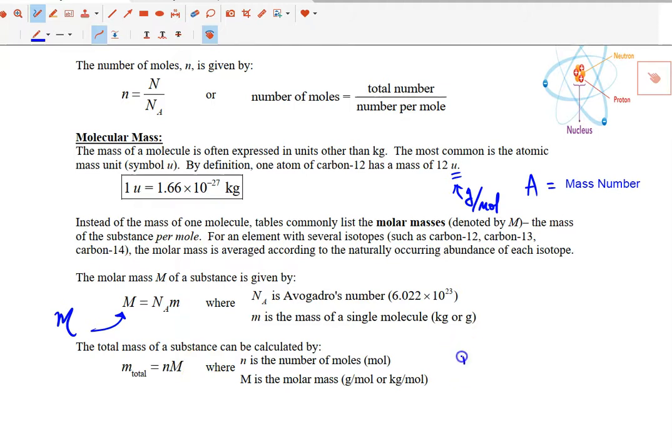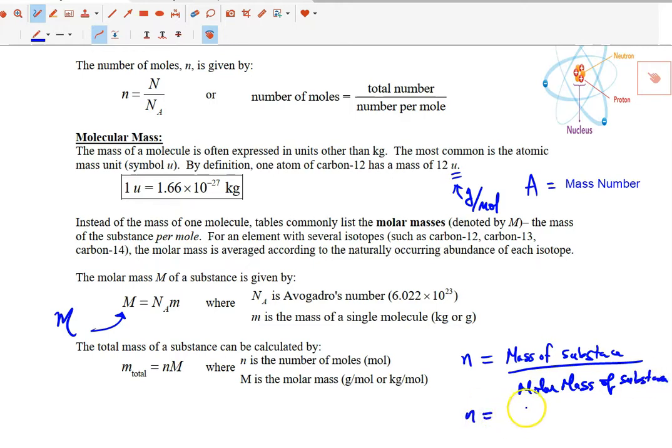One could write the number of moles is equal to the mass of substance divided by the molar mass of substance. In a formula, the mass of the substance is little m, and the molar mass is the big capital M.